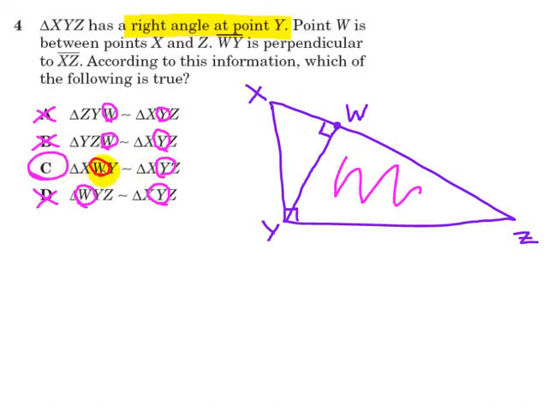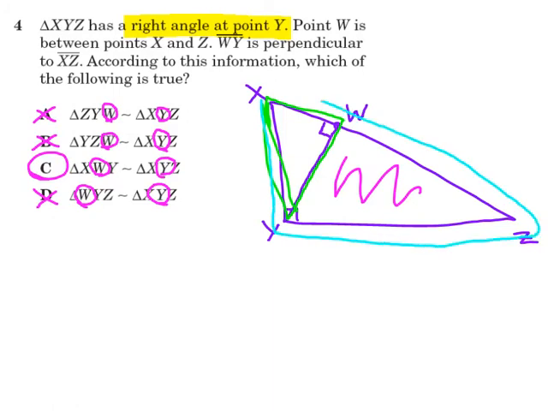XWY is this guy here, and XYZ is the whole thing. So x is the same measure in both triangles. Y corresponds with z, and w to y.